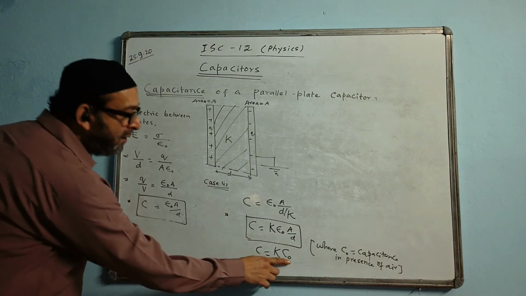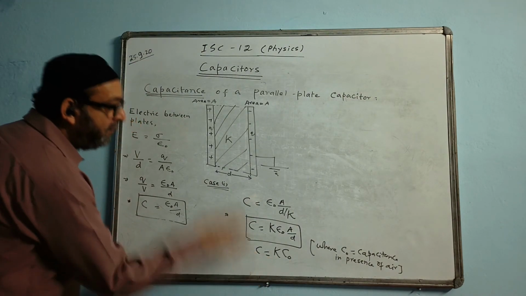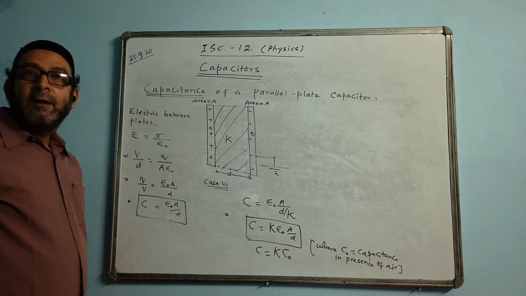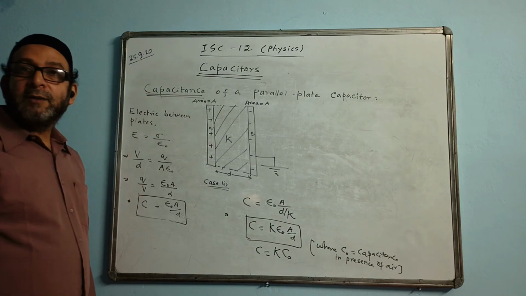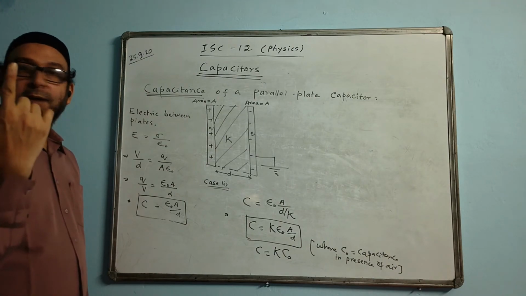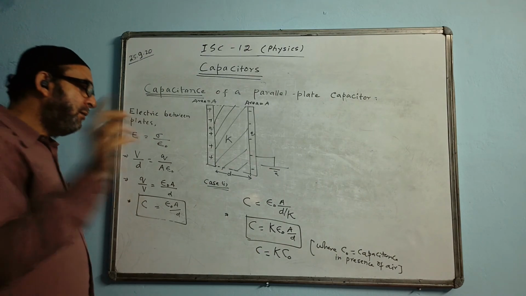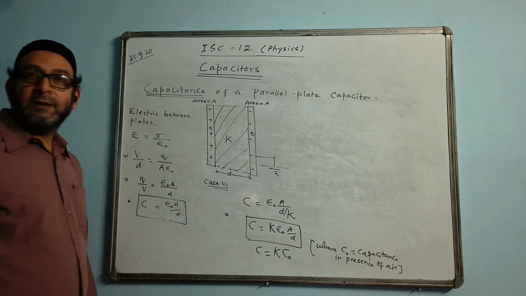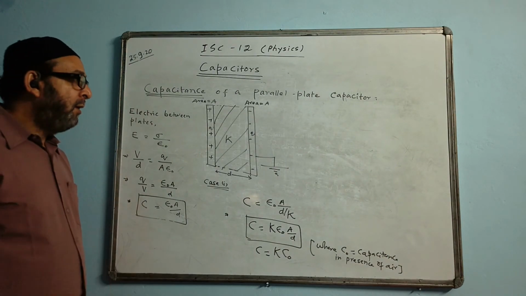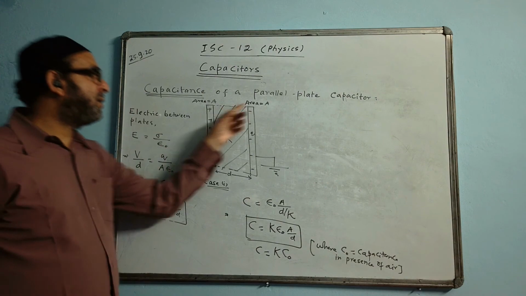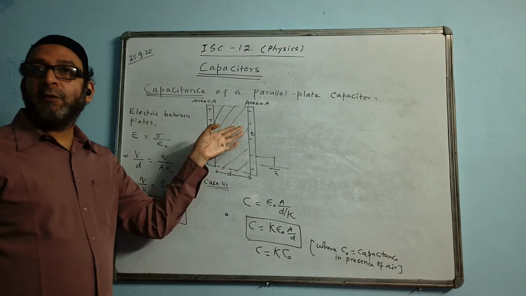Your capacitance in air will increase by K times when you introduce a medium. What I mean to say is, force decreases, electric field decreases, potential decreases, but the decrease in potential causes an increase in capacitance. The new capacitance value will be more. For example, capacitance in air is 10 microfarad.